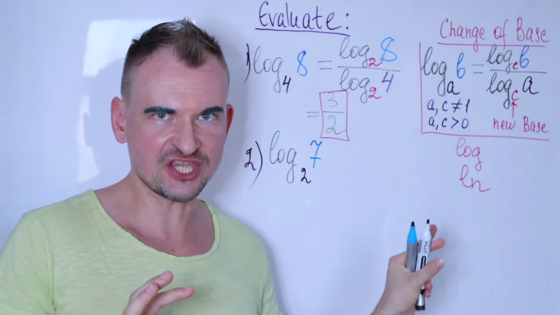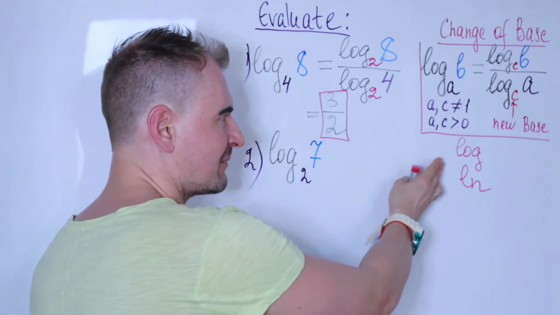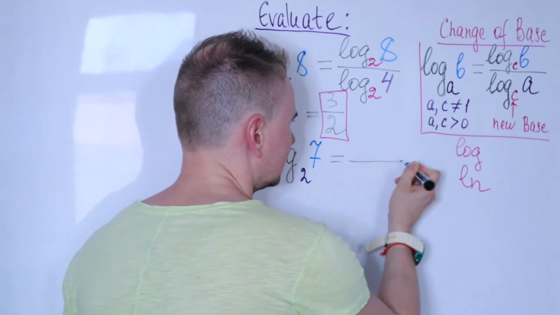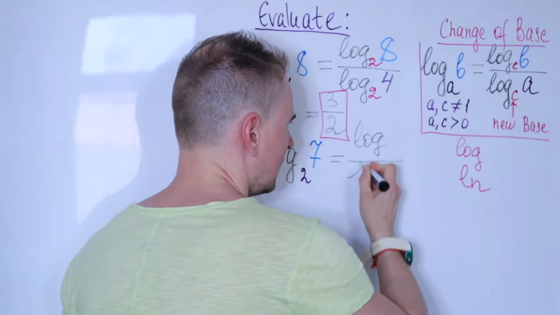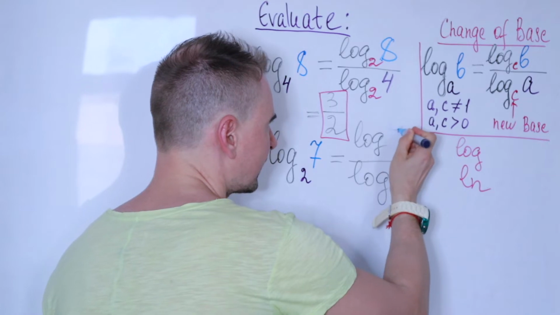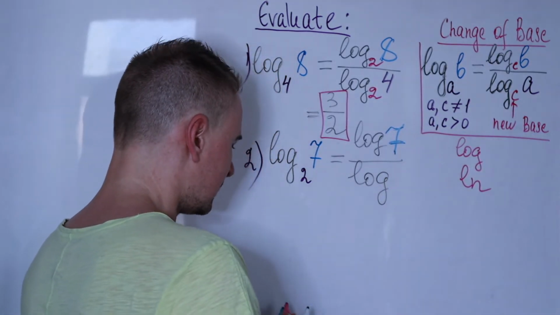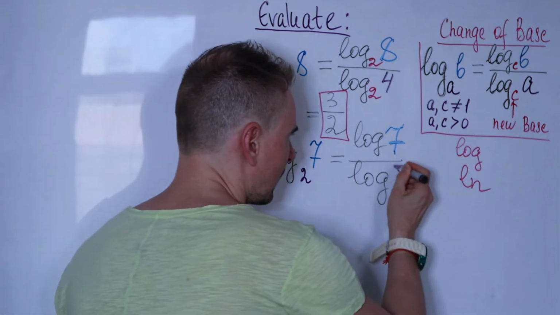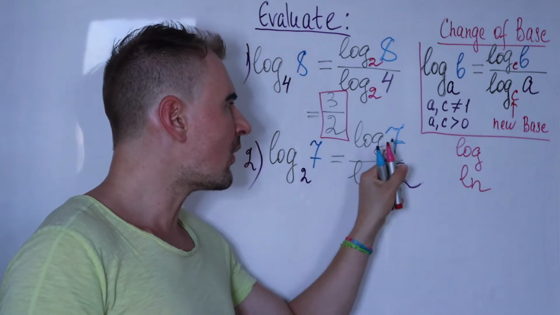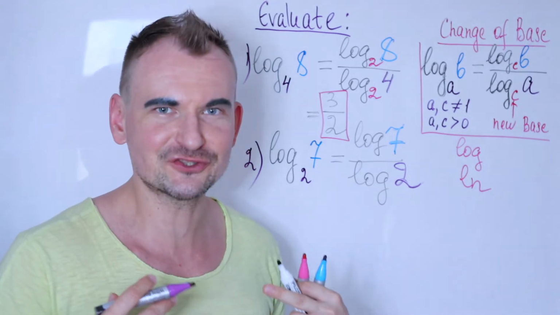Basically, these two buttons you can use to evaluate logs, either to the base 10 or base e. So, if I rewrite this log to the base 10, you would simply write log, and this larger number, 7, goes on top of your fraction, and your base number goes on bottom. I'm not going to write any base here since it is implied to be 10.